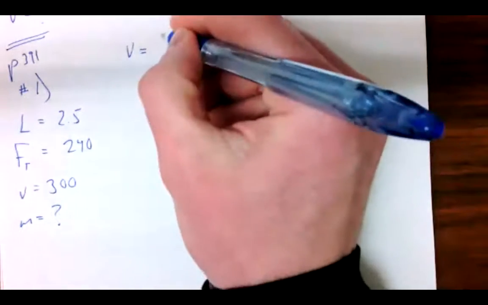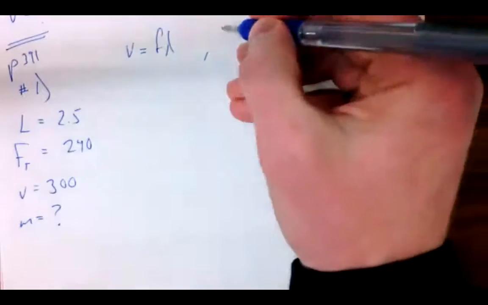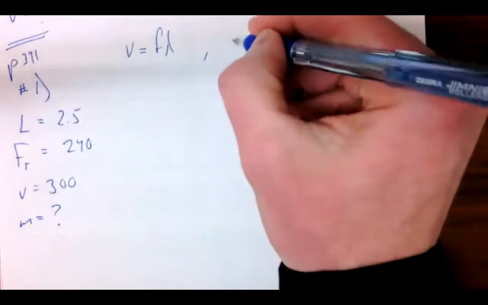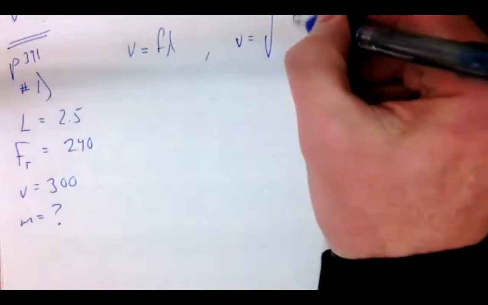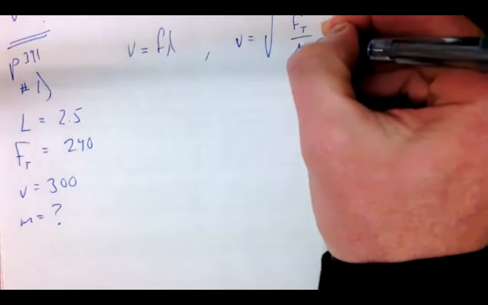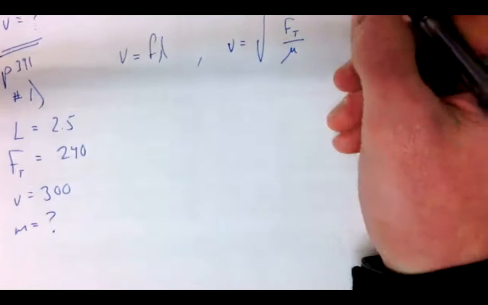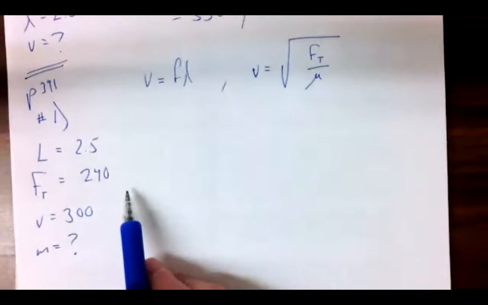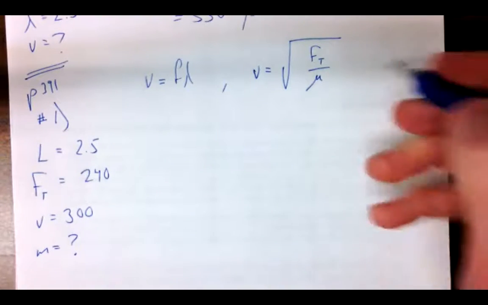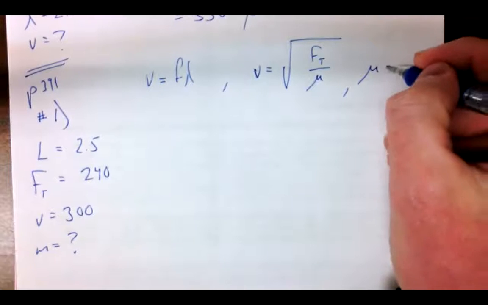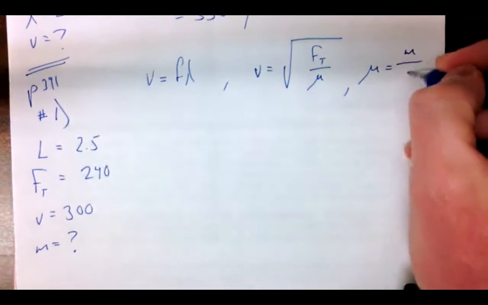Okay, so we have two formulas we're working with here. V equals f lambda. And then we also got, what's the other one? V equals the root of F_T over mu, or linear density. Oh, we got one more, sorry. Mu equals mass over length.